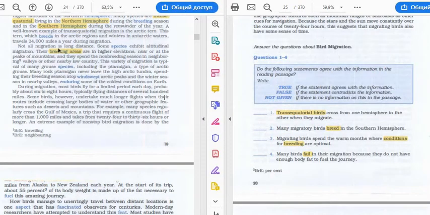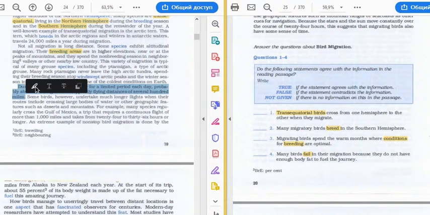The answer to the third question was in the previous paragraph, so we go below and scan, trying to find some information about failure and the journey. This paragraph starts about the migration and how they fly, how many hours they fly, so the answer to our question is somewhere here.